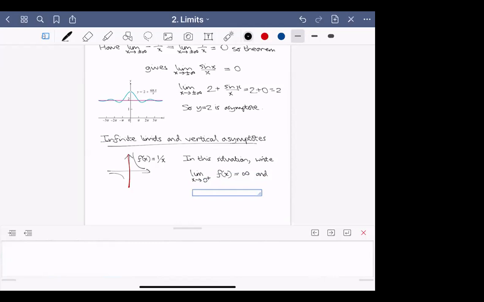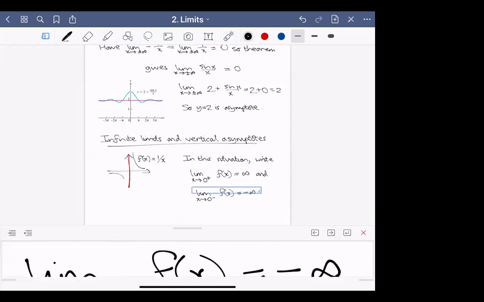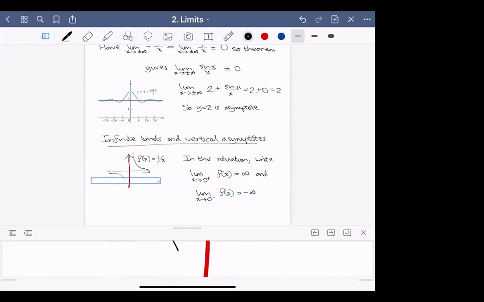And the limit as x approaches 0 from the left equals minus infinity. So you can see from the graph what we mean by this. We mean that as x approaches 0 from the left, the value becomes very negative.